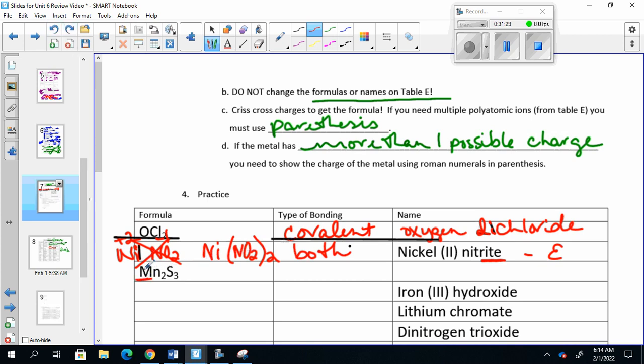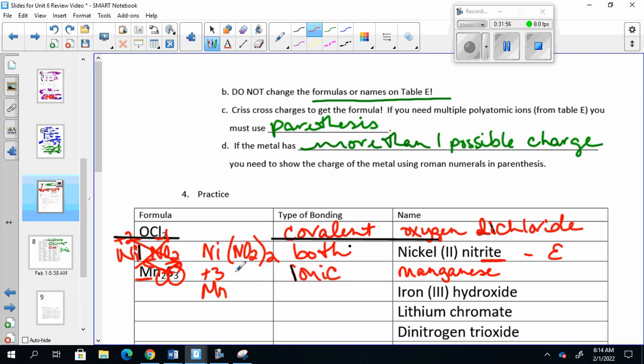So Mn is manganese. So I can write that right away. And S is sulfur. So I have just ionic. I don't have anything from table E. I just have an ionic. And the 3 came from the Mn. The 2 came from the sulfur. So let me draw that out a little bit better.